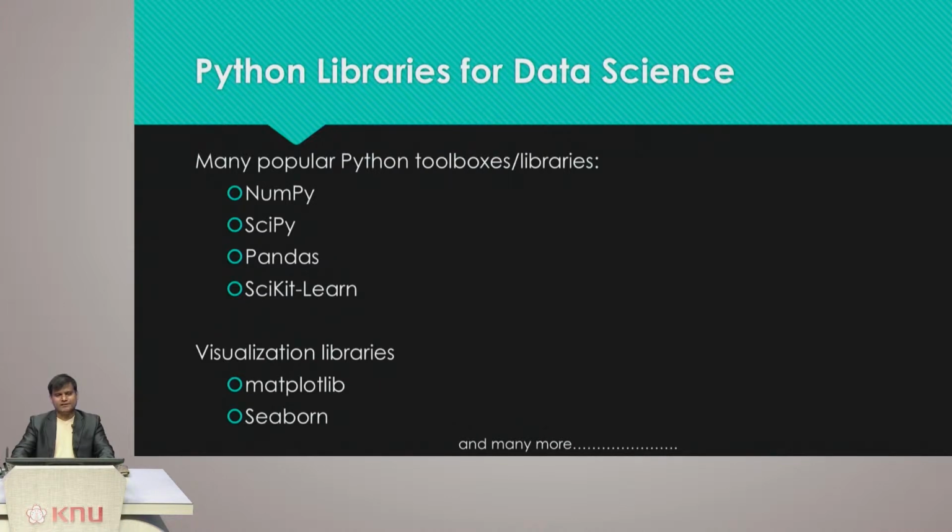Okay, here it is, Python libraries for data science. Many popular Python toolboxes and libraries are given here. As you can see, NumPy, SciPy, Pandas, Scikit-Learn, and we do have other visualization libraries like Matplotlib, Seaborn.